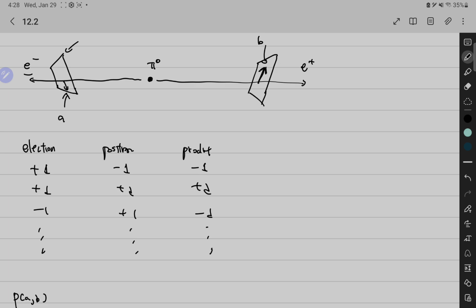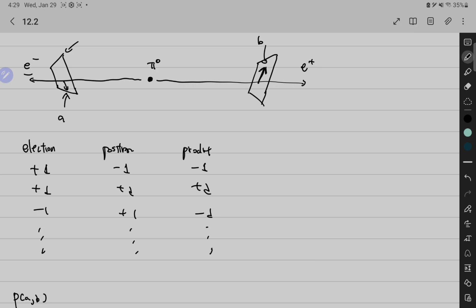The reason is the locality assumption. Remember, the locality assumption means that no influence can travel faster than the speed of light. If you follow that assumption, no matter how far away your electron or positron is, the measurement you make on the electron has nothing to do with the orientation you have on the positron.